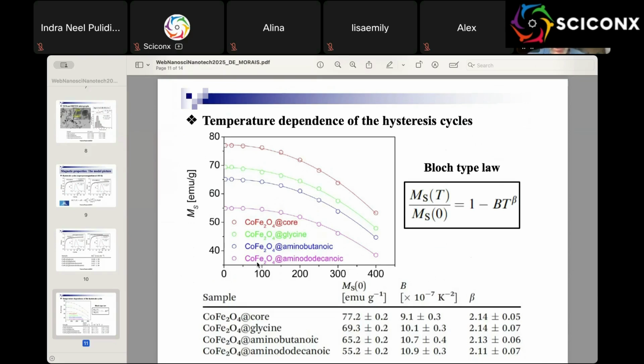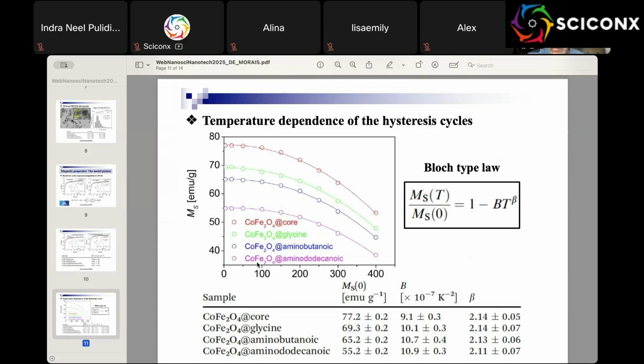So you can see the saturation magnetization of the sample at 0K, which is the first column of data. It has the maximum for the native cobalt ferrite nanoparticle. And as you increase the thickness of the coating layer, you see a systematic reduction of the saturation magnetization at 0K.